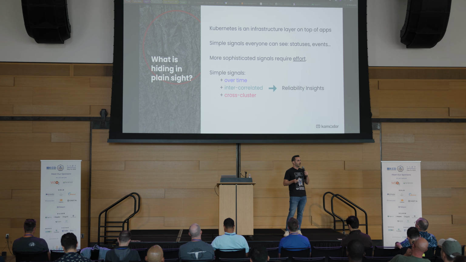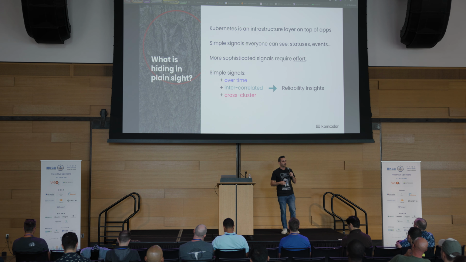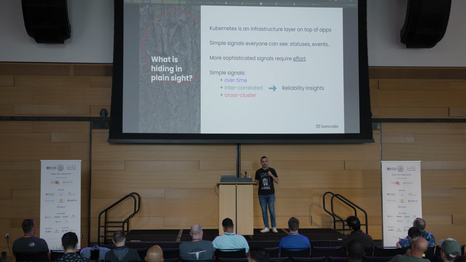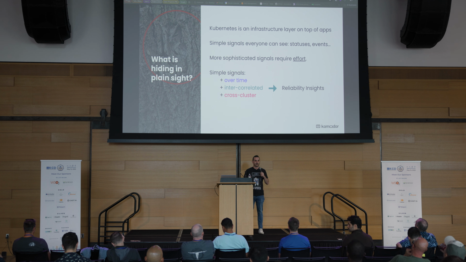So if we take the simple signals that Kubernetes gives us out of the box, and we look at them over time, we try to correlate them between different pieces of resources and across clusters or environments, then we get what we call reliability insights. And that's something I'm going to touch again in a few minutes.